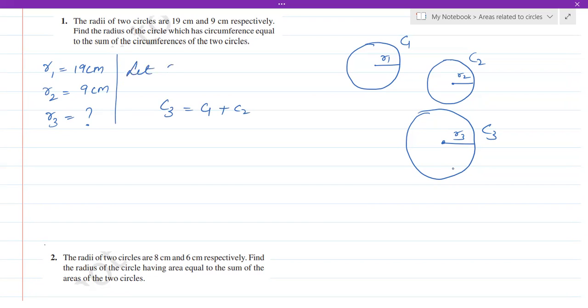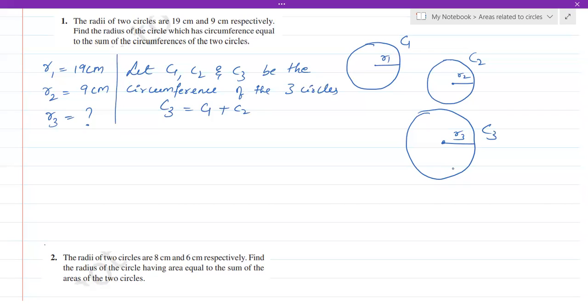So let C1, C2 and C3 be the circumference of the three circles.